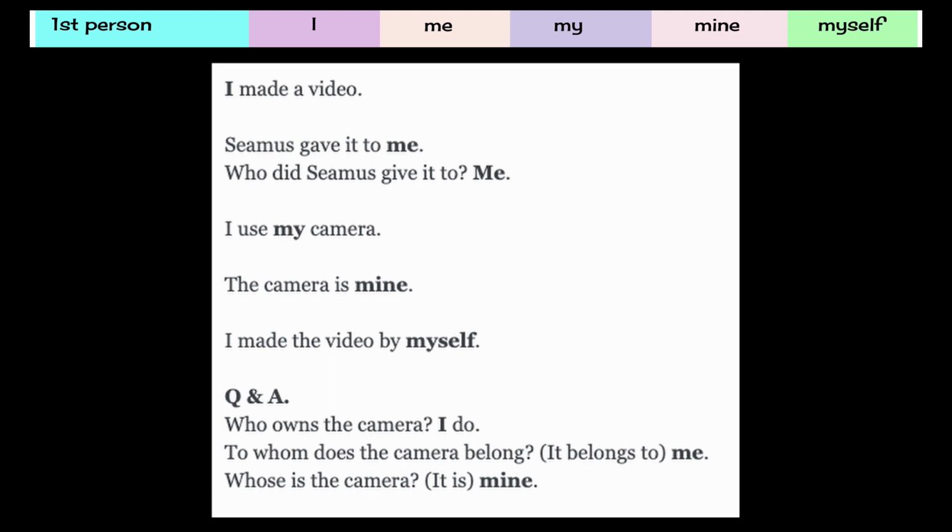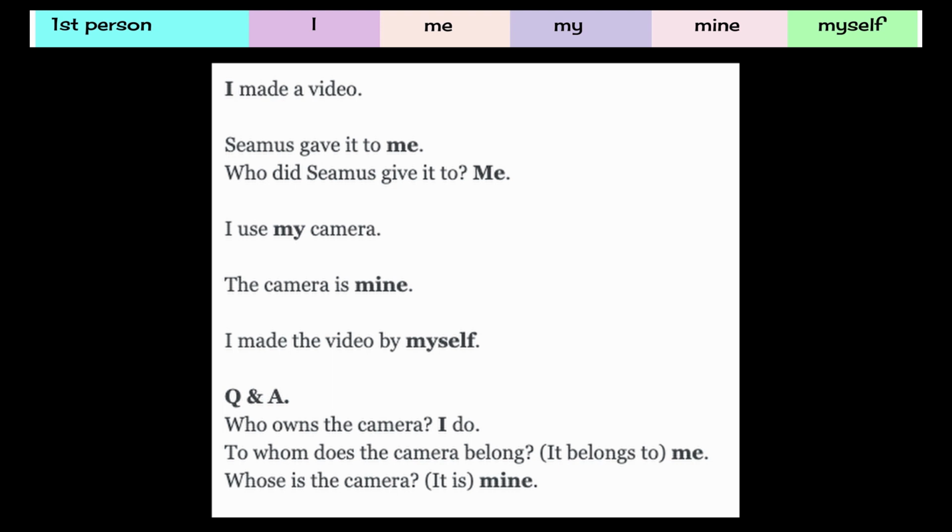Okay, so here we have the possessive adjective. I use my camera. So my is an adjective and it indicates that I own it. The camera is mine. Okay, so there's no noun afterwards because mine is the noun. Okay, the camera is mine. I made the video by myself. Okay, I made it alone. Nobody helped me.